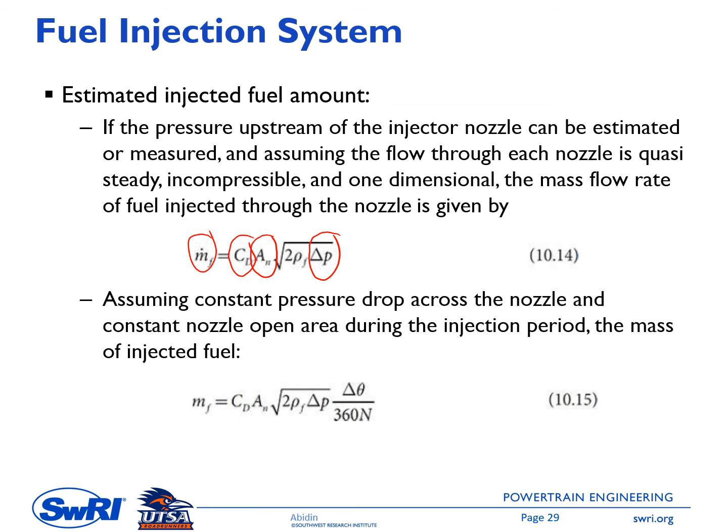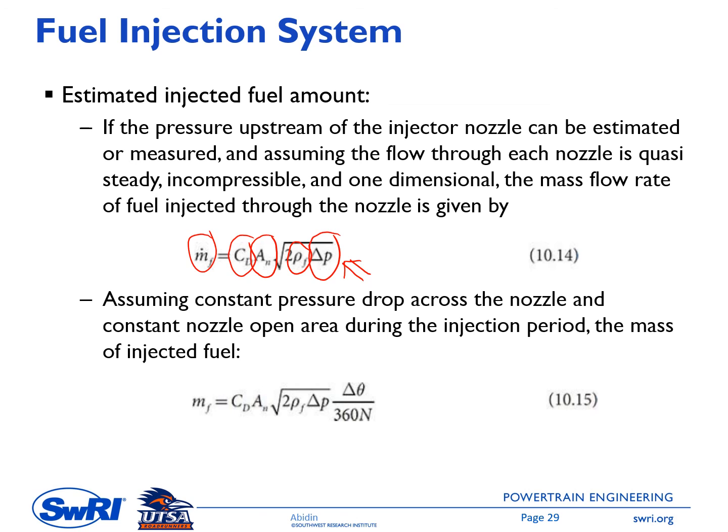Cd times the physical nozzle area is equal to the effective nozzle area, and rho is the density of the fuel. So you can see that this m dot is directly controlled by the pressure difference, or the injection pressure.